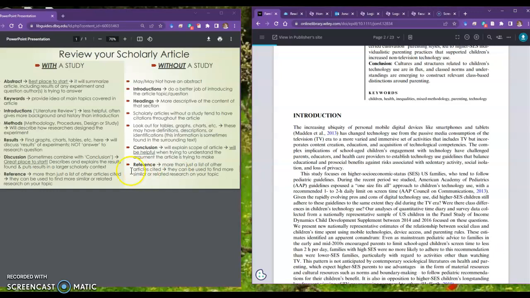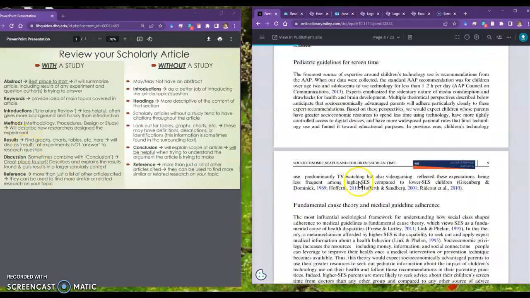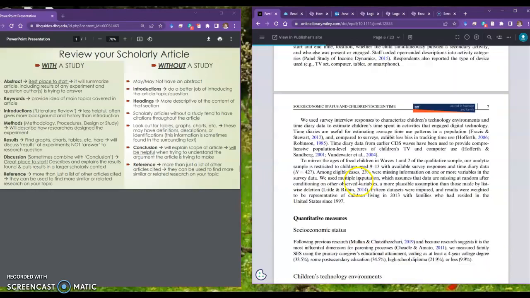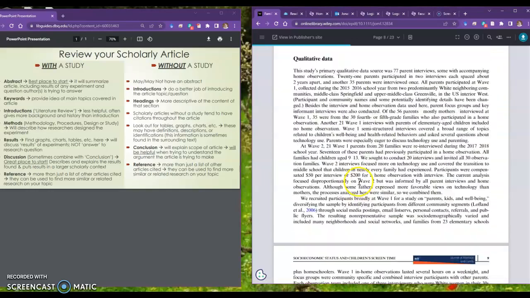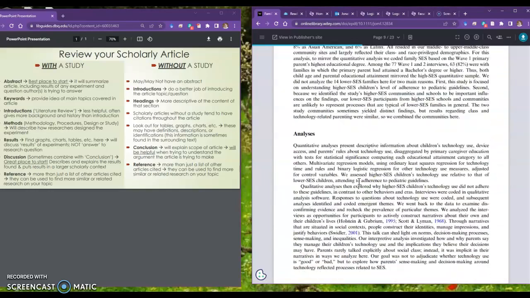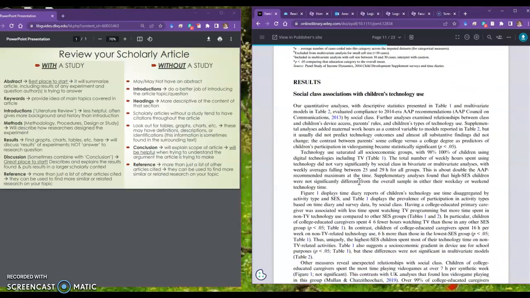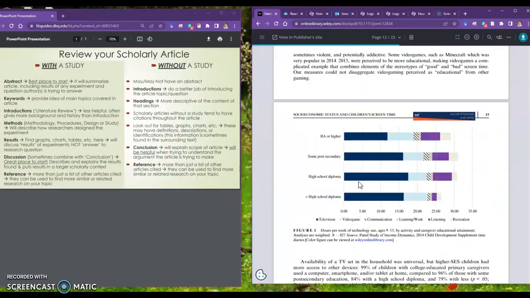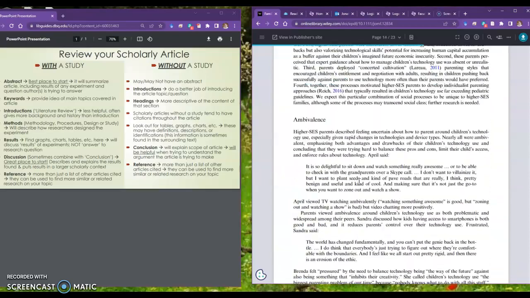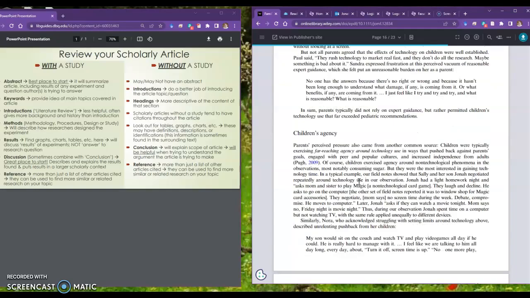The methods I skip and the results I skip, and then I go down to the discussion section. Many articles use this type of organization. So if you scroll down, you get results.